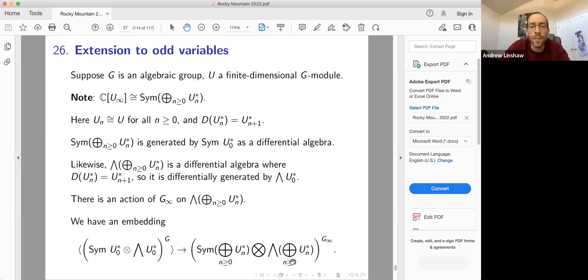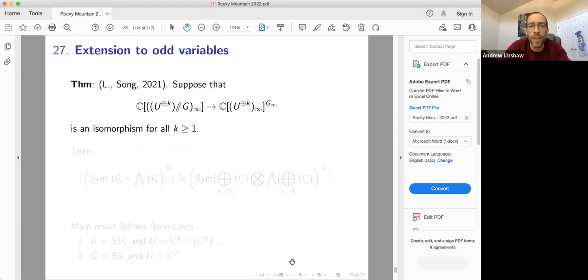And so in general, this will not be everything. But there is a hypothesis that guarantees that this is everything, which is the following. If U happens to be a representation with the property that if I take many copies of U, K copies, and I consider this map that I wrote down before. So here I've got a bunch of copies of U. I take this thing mod G, take the arc space, take the ring of functions of that.